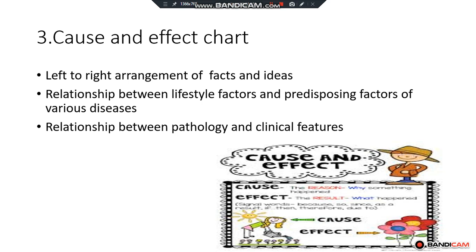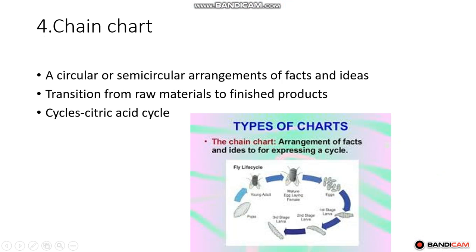So in that way cause and effect can be easily depicted in a single chart. That is called the cause effect chart. Relationship between pathology and clinical features: how this pathology leads to clinical manifestations. All these are different examples by which we can show this cause and effect chart.